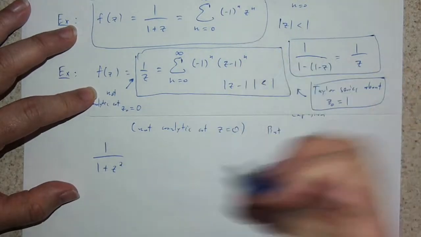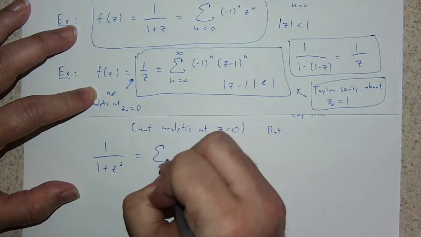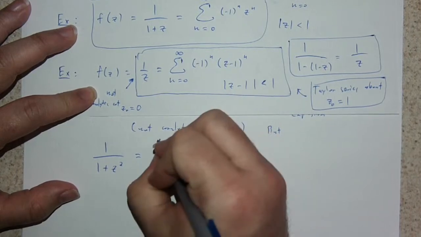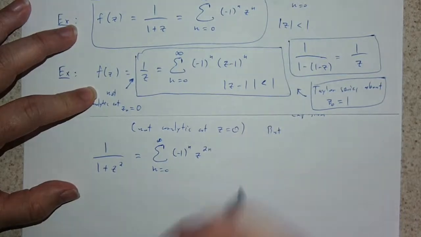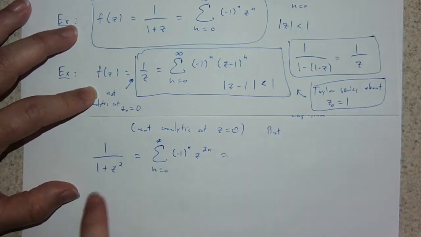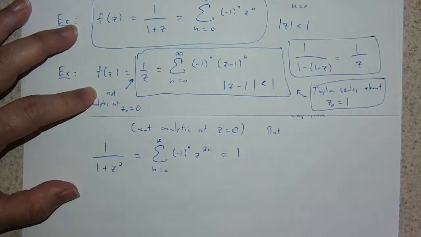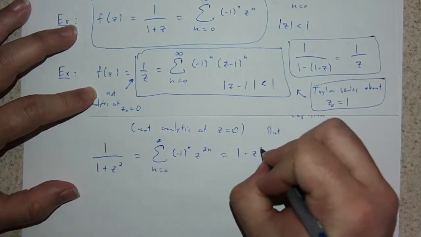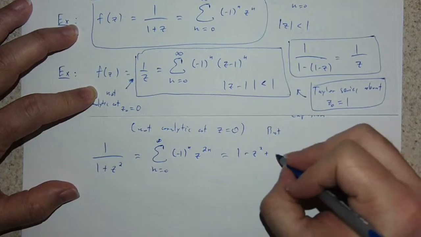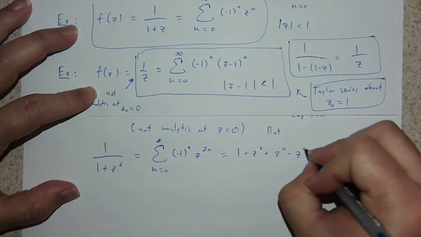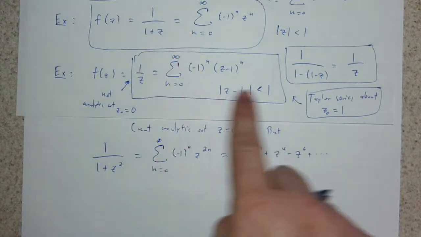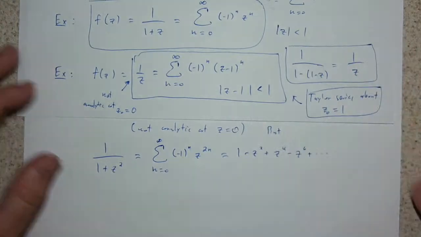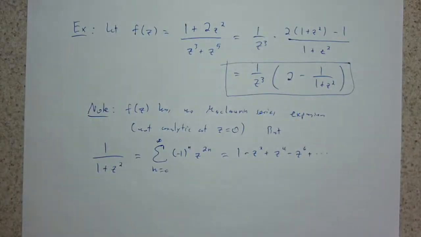So this is the sum from n equals 0 to infinity of minus 1 to the n, z to the 2n. And so this is going to be 1 minus z squared plus z to the 4th minus z to the 6th, and so on. And that is going to hold if modulus of z is less than 1, same condition.